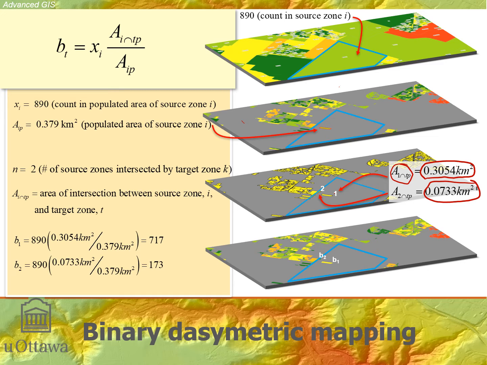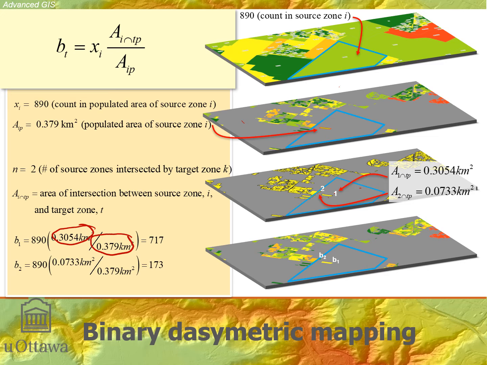So these numbers, let's say for 1 right here, that's this one right here, we divide that by the total. So we say 0.3054 by the total of those two small regions that now have the 890 count in each of them.